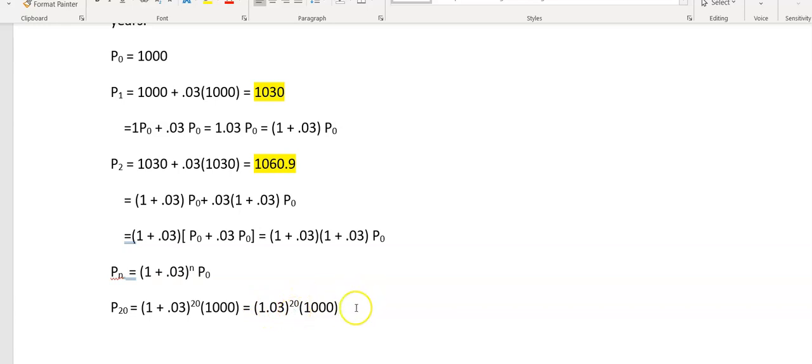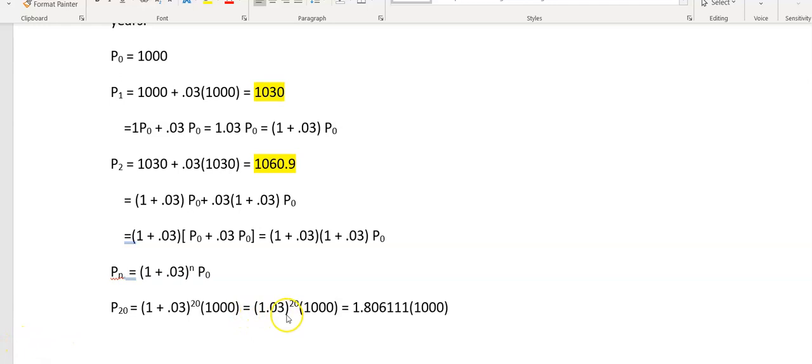Now exponents are next in our order of operations. So let's do 1.03 to the 20th power in our calculator. Depending on your calculator, if you have just a small calculator, you should have a button that says x to the y power or y to the x power. That is your exponent. Or you might have a caret symbol that is your exponent.